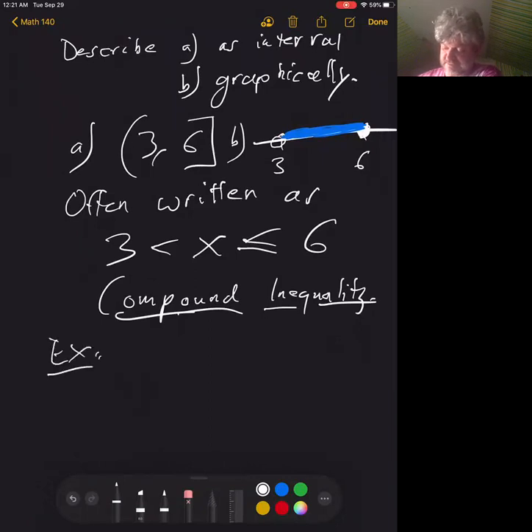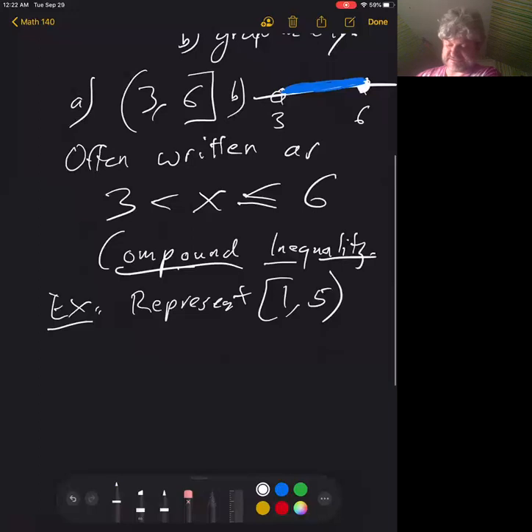Example, represent 1, 5, so bracket at the left endpoint and a round parentheses at the right endpoint, as compound inequality and graphically.